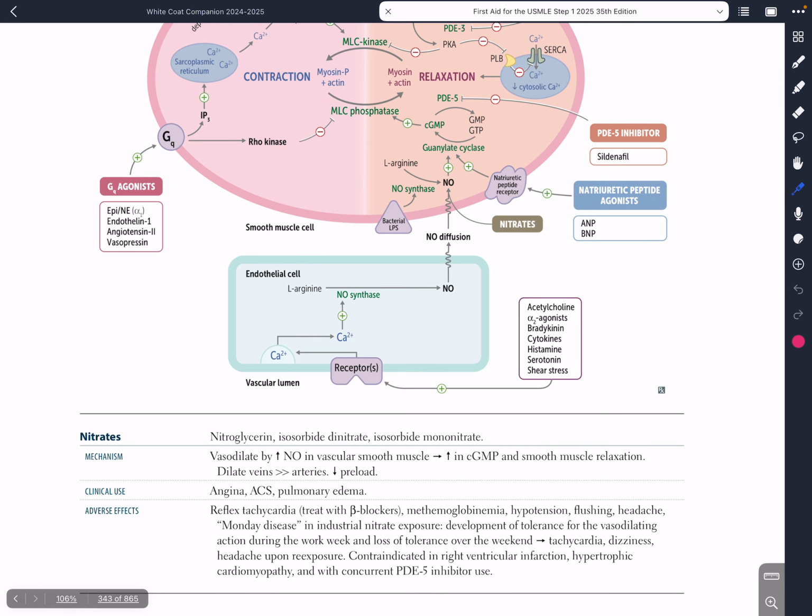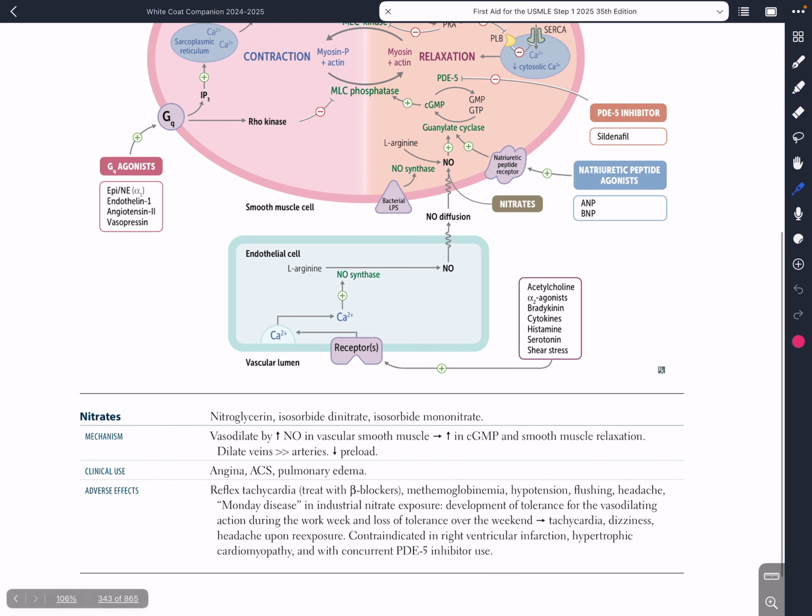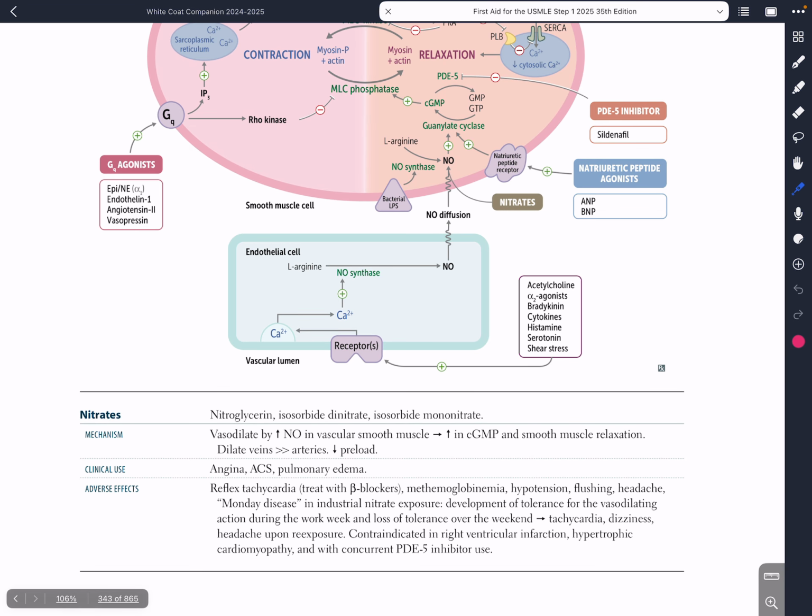Now let's see what activates the receptors for acetylcholine. They are alpha 2 agonists, bradykinin, cytokines, histamine, serotonin, and shear stress.